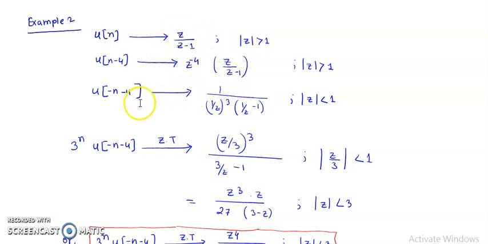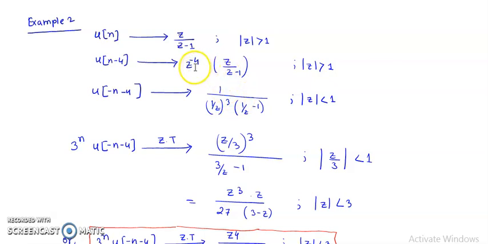So now if we do the folding operation, that is we are taking minus n in place of plus n, then we have to substitute z by z to the power minus 1, or z by 1/z. So that we have done here.